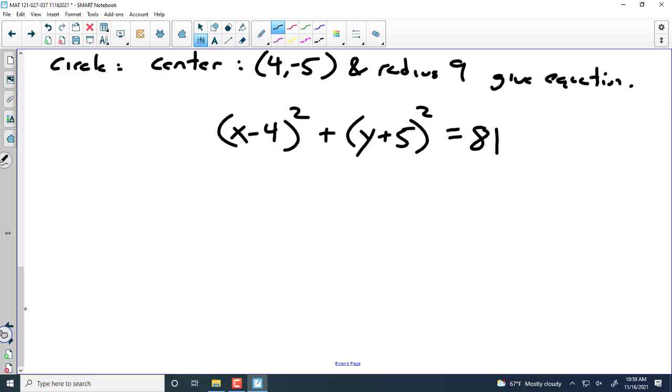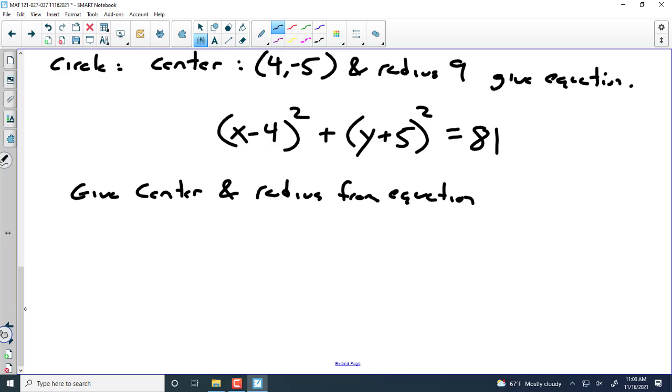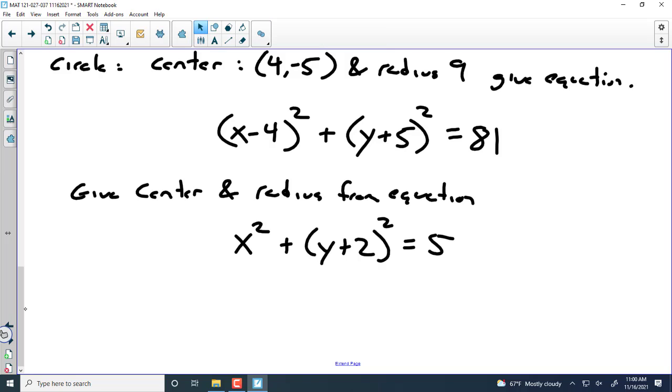All right. Try this one. Give the center and radius from the equation. I am trying to mess with you a little bit, so don't freak out.